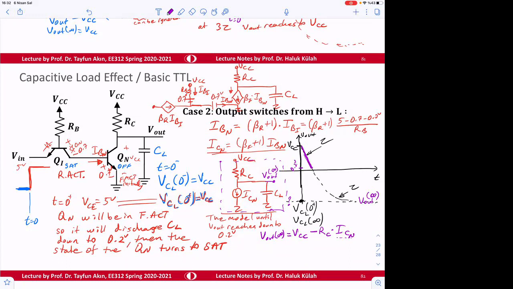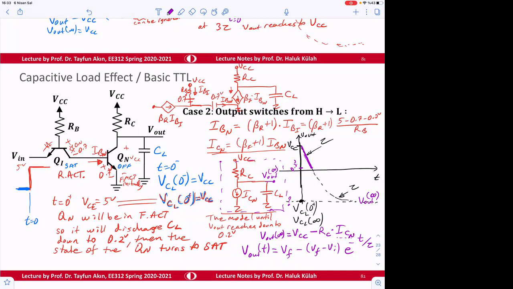So we can write the equation at that line. So this is V final. So I can write the V out of T equation: V final minus (V final minus V initial) e to the power minus T divided by tau.